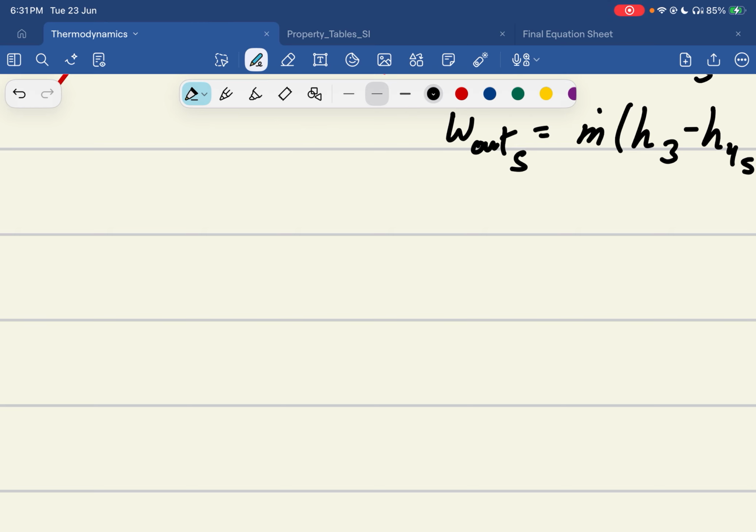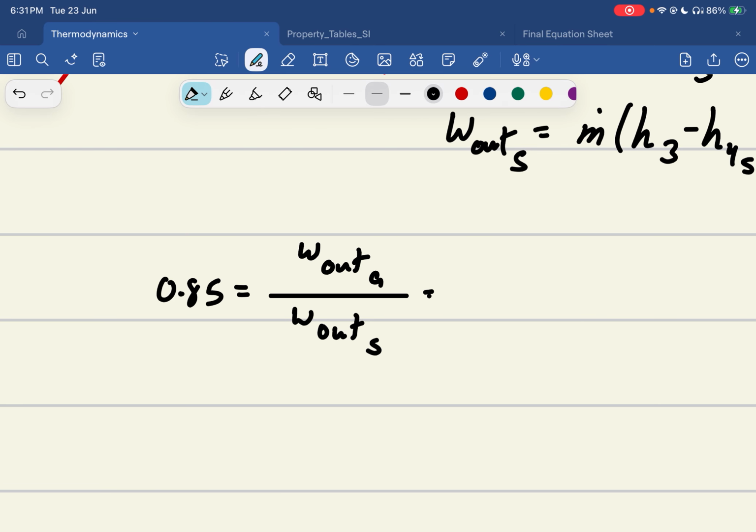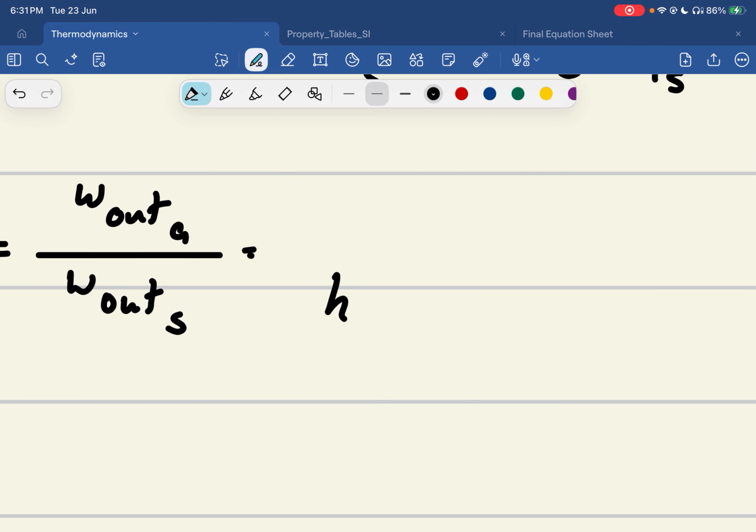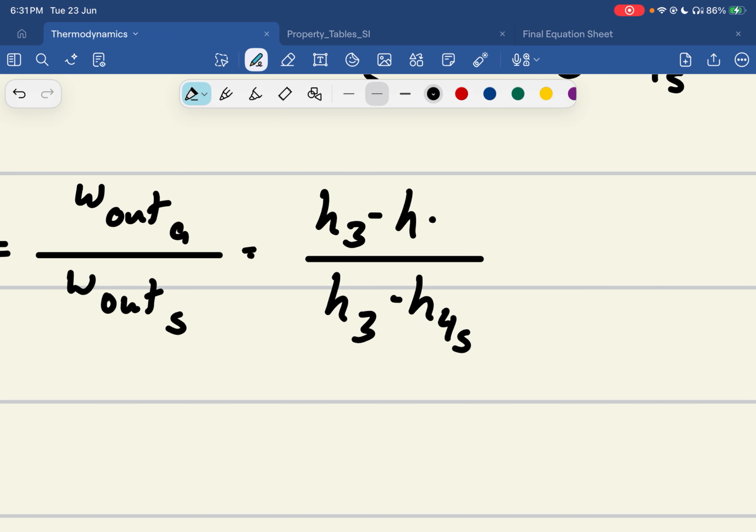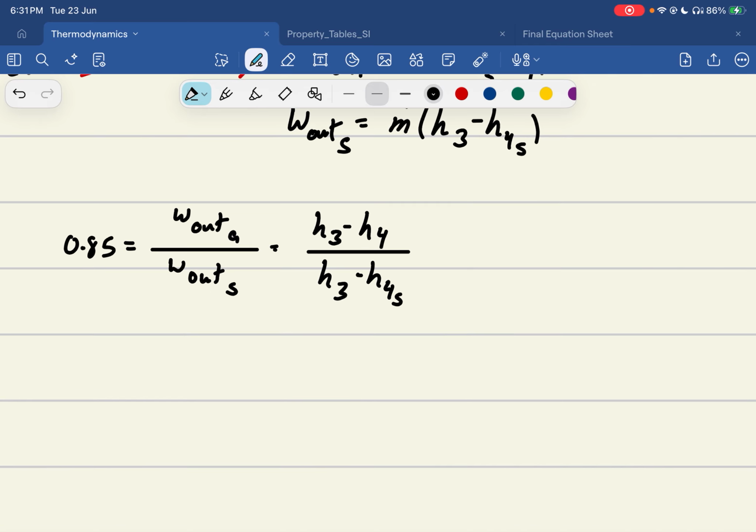We can say it's specific work out actual over work out S, which equals 0.85 for your efficiency. That's just going to be H3 minus H4 over H3 minus H4S. From that, we can solve for it.